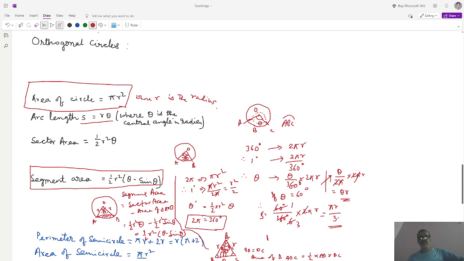Okay. In radian, 60 degree equals pi by 3. So the length of the arc will be pi r by 3. Okay.